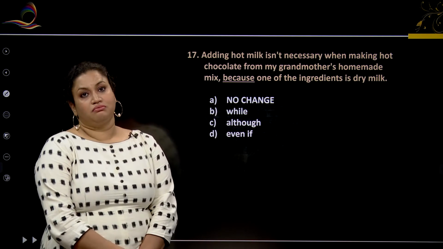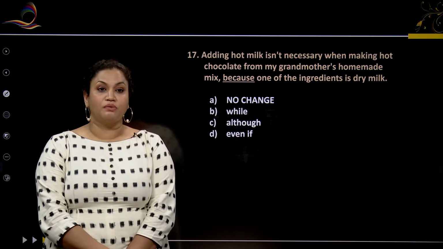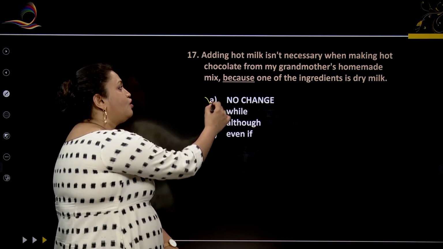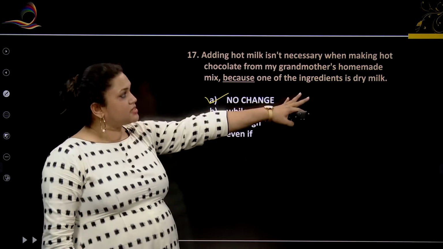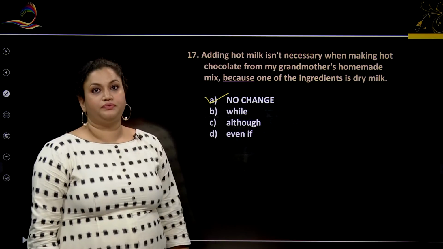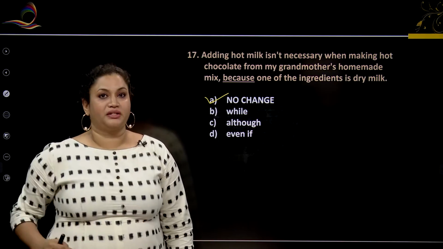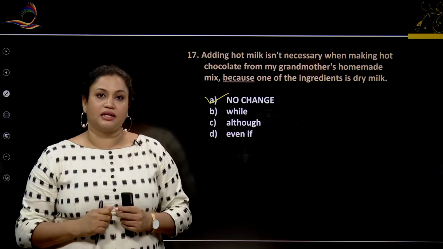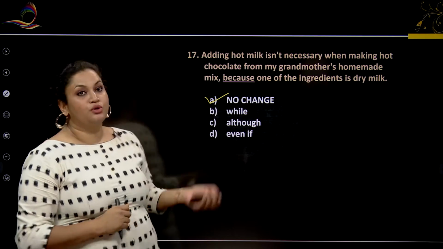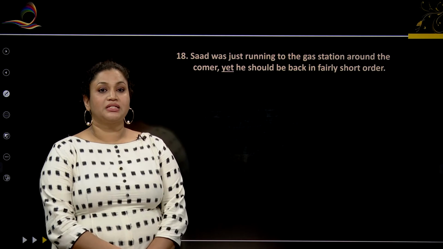While one of the does not make sense, although will not make sense, even if also will not make sense, therefore no change, or because one of the, because that is the cause, this is the cause of that effect. Because is the cause of the effect. Because I was sick, I could not come to college because I was sick. Clear? That's how you use it there. So therefore no change is the right option. Let's go to the next option.